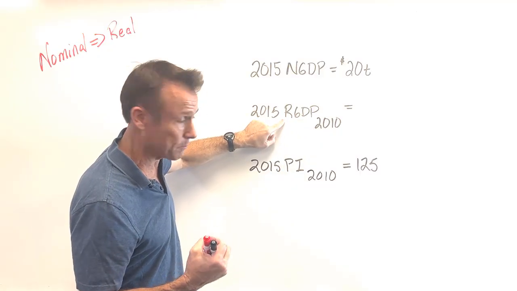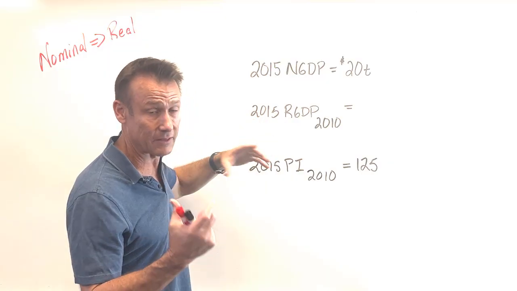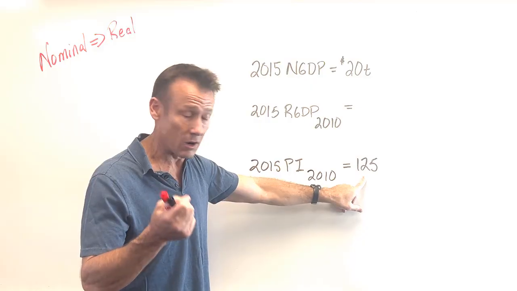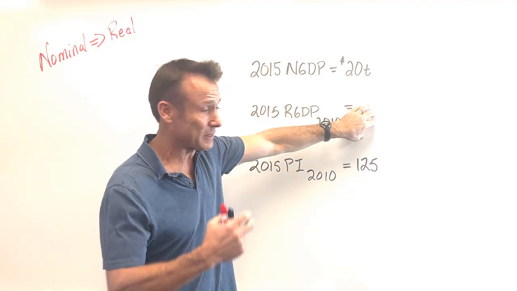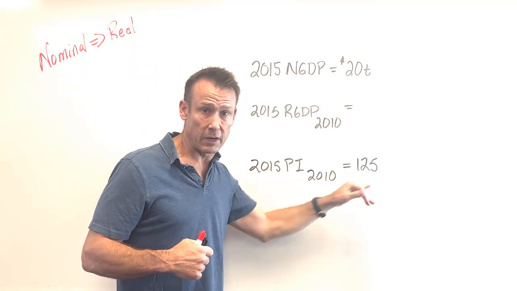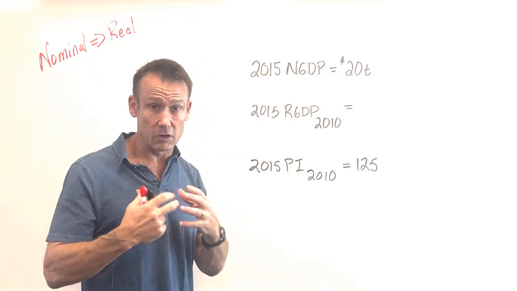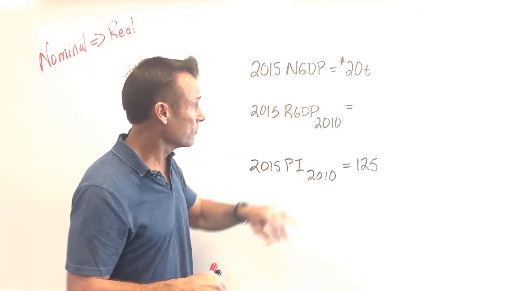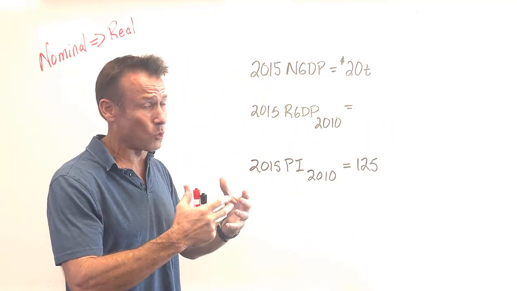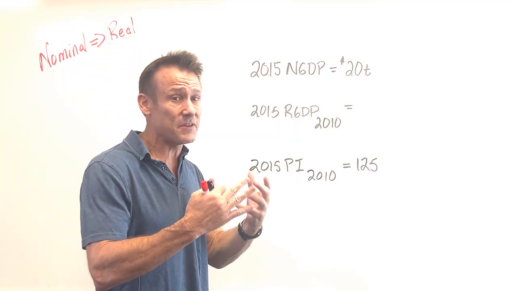Again, this is 2015 output, but with 2010 prices on it. So we'd expect a lower number. Now, this is not 200, so the prices aren't twice as much in 2015; they're 125% of what they were. So I'm expecting something more than 10 trillion, of course less than 20 trillion, probably a little bit higher than even 15 trillion.